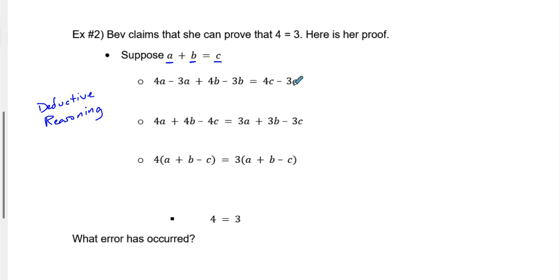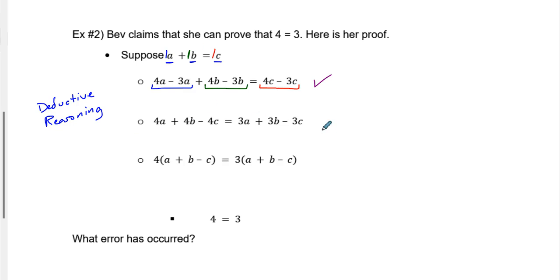So by expanding it out, the letter a, or more specifically 1a, can be achieved by taking 4 a's and subtracting 3 a's. That's still true. 1b can be achieved by taking 4 b's and subtracting 3 b's. 1c can be achieved by taking 4 c's and subtracting 3 c's. So far here, we're all still good.